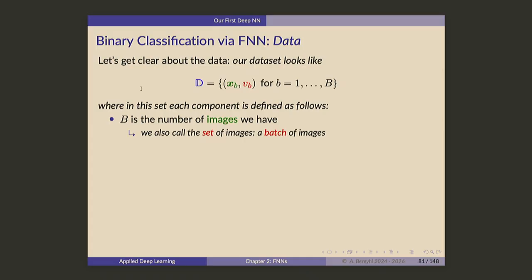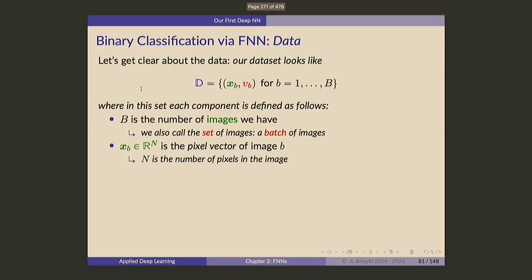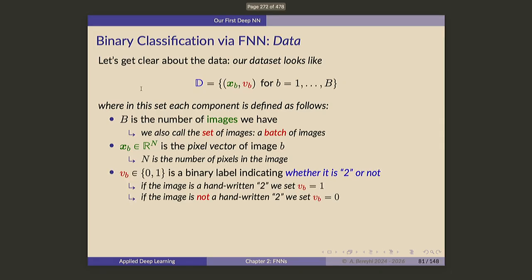So this is going to be your data sample, and then this y is essentially your label. This guy is the image, the pixel vector, and this y is one binary label. It's 0 if your image is a digit anything but 2. It's 1 when this is an image of 2.